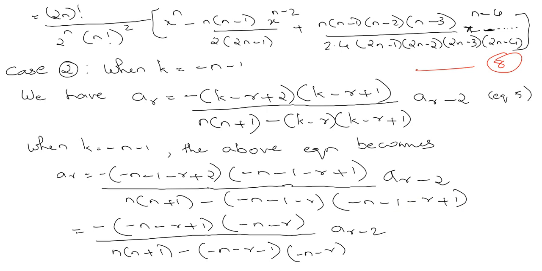So minus 1 plus 2 is plus 1, that is n minus r plus 1, that is written here. Minus 1 and plus 1 get cancelled, giving minus n minus r, that is written here. Here it is n into n plus 1 and minus n minus r minus 1, that is written here. Minus 1 and plus 1 get cancelled, giving minus n minus r, that is written here. That is the next step.